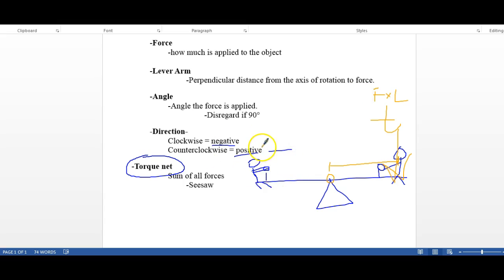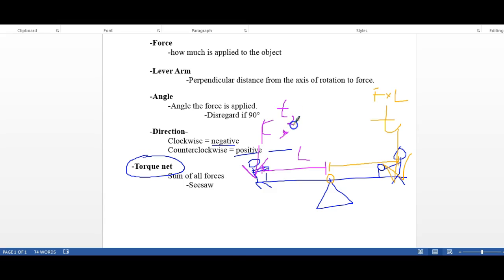But also on this side, you have a different one. We'll make it pink. At the same time, this is a force that's going down, and you also have this lever arm as well. So F times L, and you also have T2.